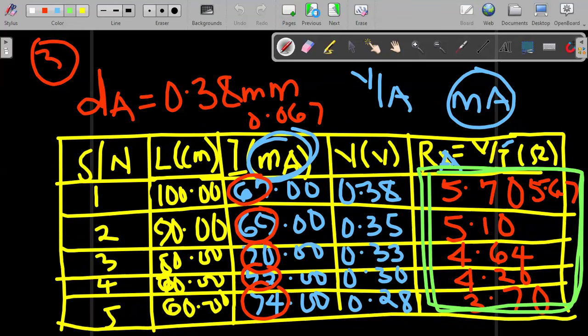Count starting from 0.5, and for every 2 centimeters you put 0.5. Yes, sir, it is enough.